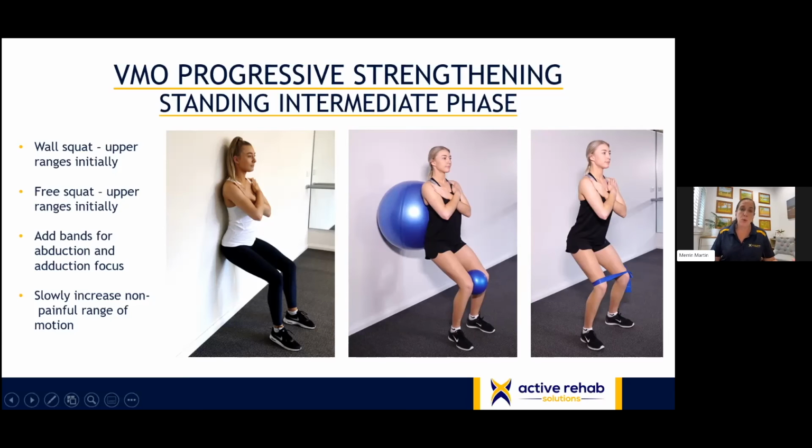Or some people work really well when they've got a band around the knees, like a crab walk, pushing outwards into abduction, and then doing little squats with the abduction, or a static squat with abduction.